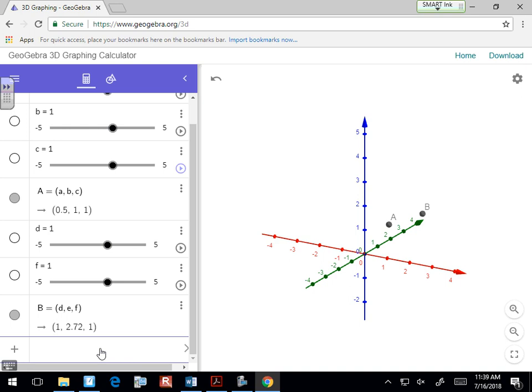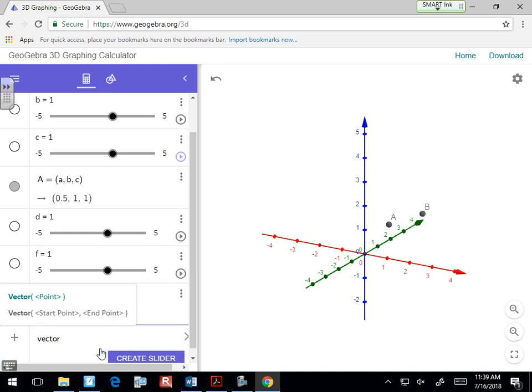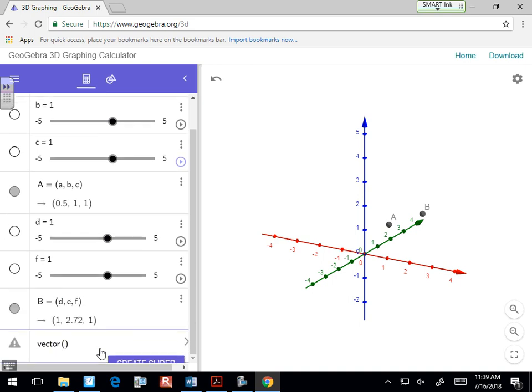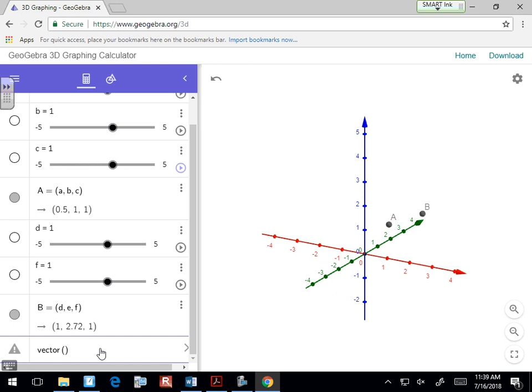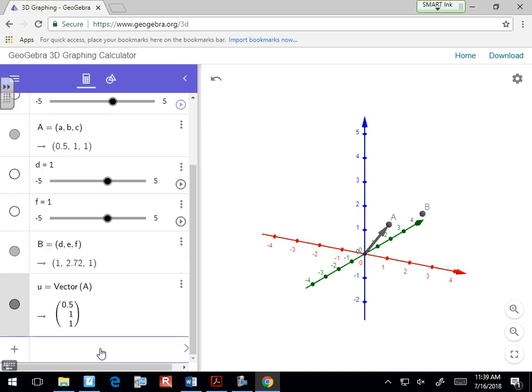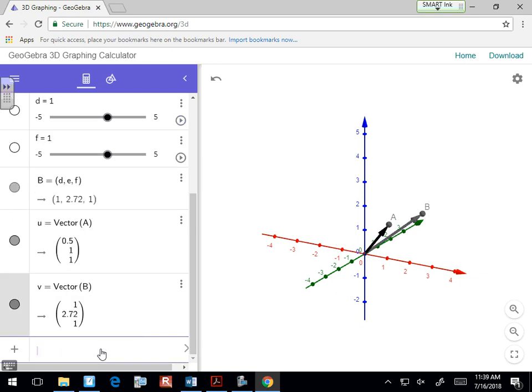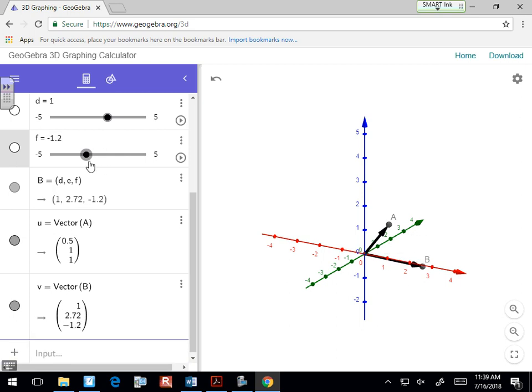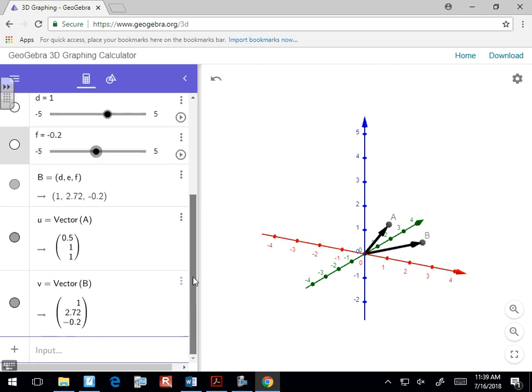And I'm going to create a vector A, and a vector B. All right, now this will impact the actual vector, but that should be kind of familiar by now. You've worked with sliders a little bit.